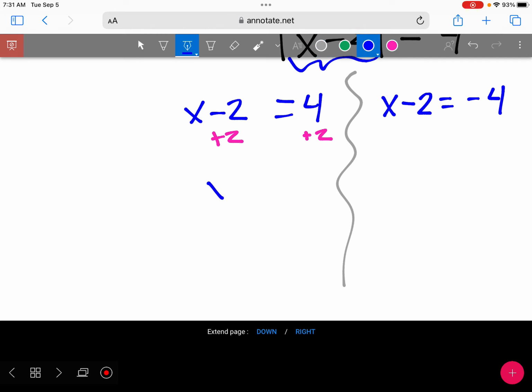So we have x equals 6. What do I need to do to this one? Plus 2. Plus 2. This time we get that x equals what? Not negative 6. That is the negative 2.